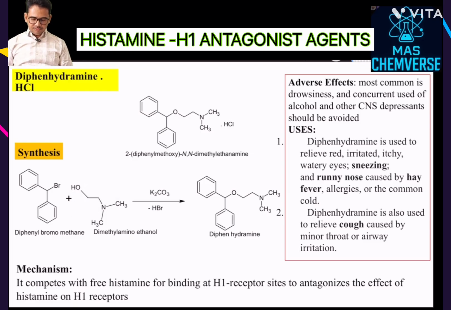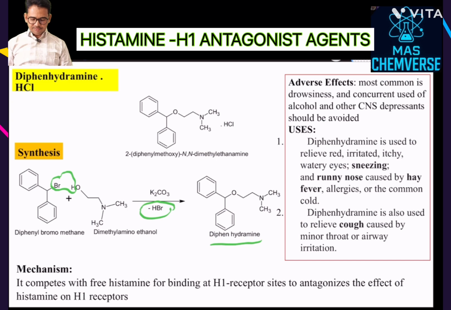Now see how it is synthesized. Here bromine is there. The bromine is attacked at this hydrogen, and what is released is hydrogen bromide, which goes out. In the presence of potassium carbonate, which we use as the salt catalyst, once this hydrogen bromide goes out, it produces diphenhydramine.